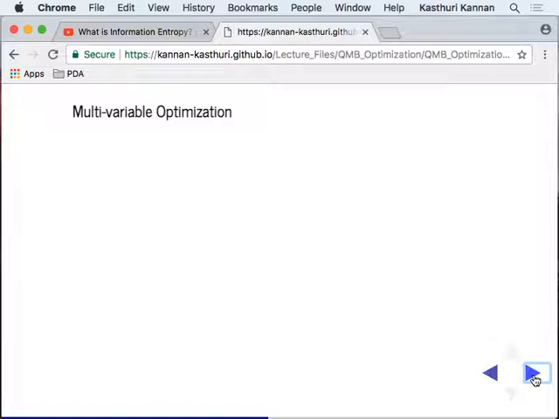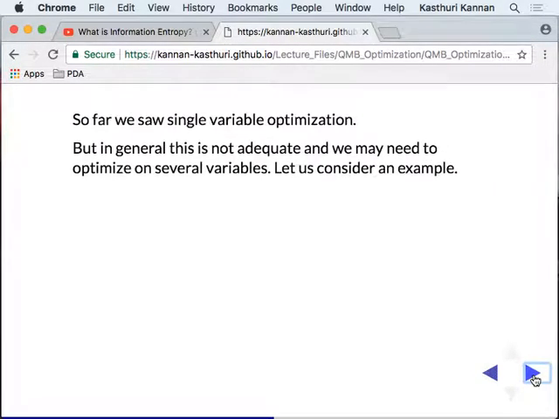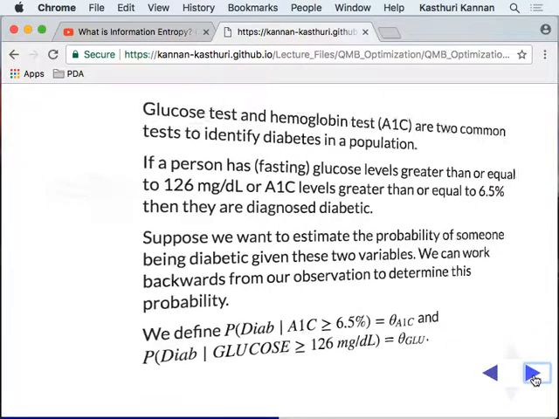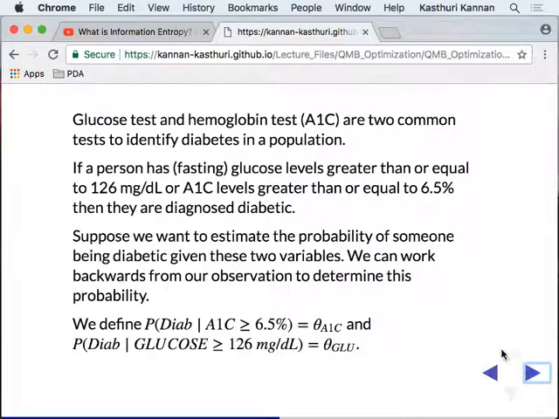All right, that's a single variable, which is pretty easy. Let's go into the multivariable optimization, right? The idea is similar, just like single variable: you take a gradient along all directions, right? But in general it's a little trickier. So let's take an example here.